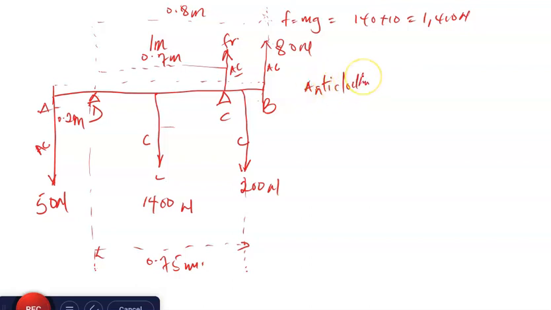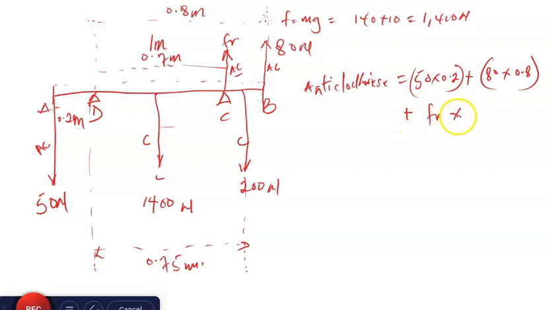Now we can sum up our anticlockwise moments. Anticlockwise moments equal 50 times 0.2 plus 80 times 0.8, that's the distance between the 80 and the point D, plus FR times 0.7.